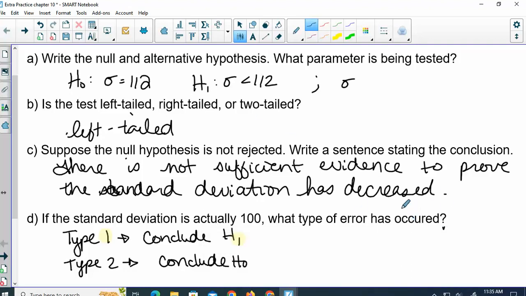But look at, what did we conclude? If we did not reject the null hypothesis, which one did we use for our conclusion? Yeah, we didn't reject it. So if you conclude the null, that is type 2 error. That means we said that the standard deviation had not decreased, but it actually did.